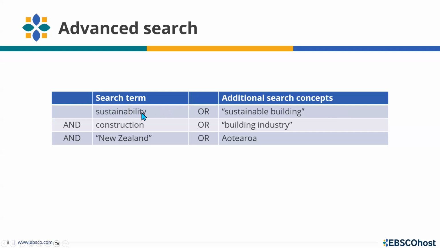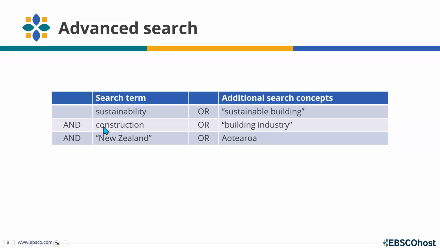Now, your search concept and your additional search concepts need to be combined using the OR Boolean operator, because these are all synonyms, and I don't mind if it was sustainability or sustainable building, or I don't mind if it was construction or building industry, and so on.